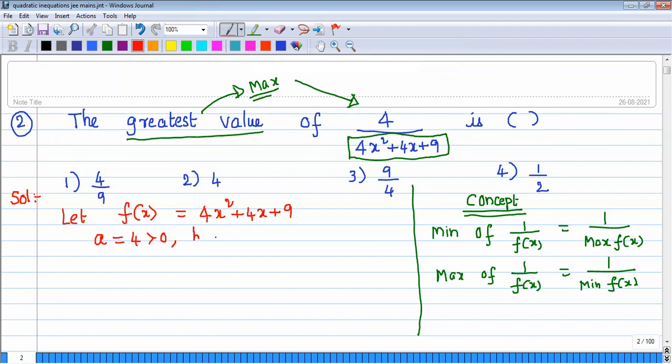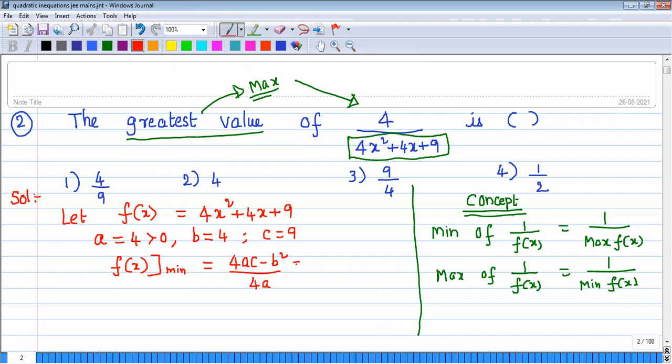So b is equal to 4, c equals to 9. So since coefficient of x square is positive, the f of x attains always minimum value. Maximum is actually here infinity. So first we need to find out f of x minimum value. Either minimum or maximum, the formula is 4ac minus b square by 4a.